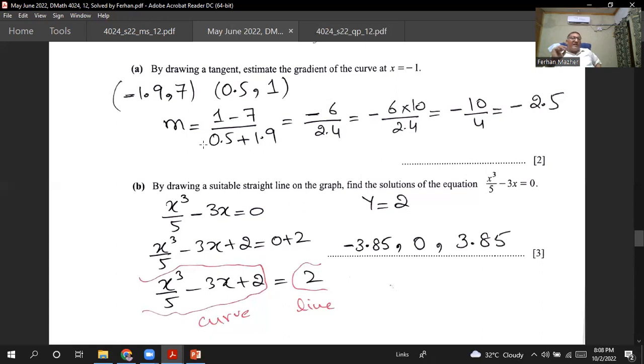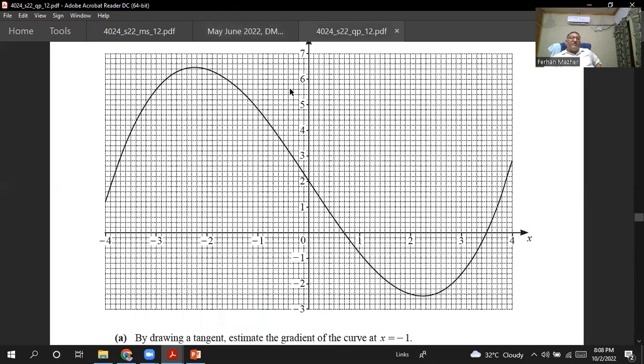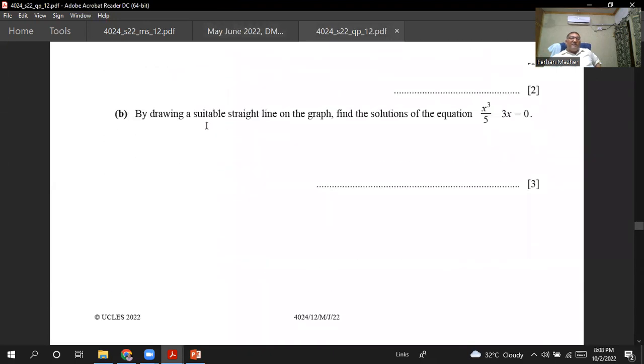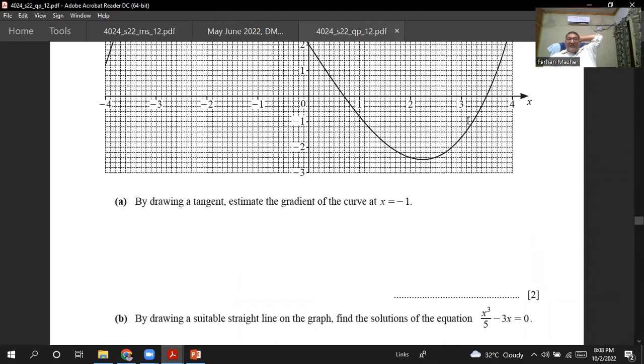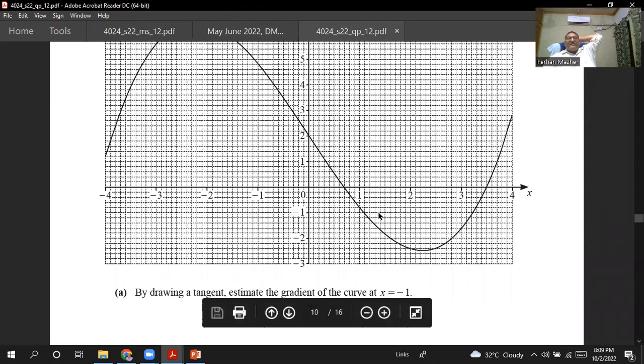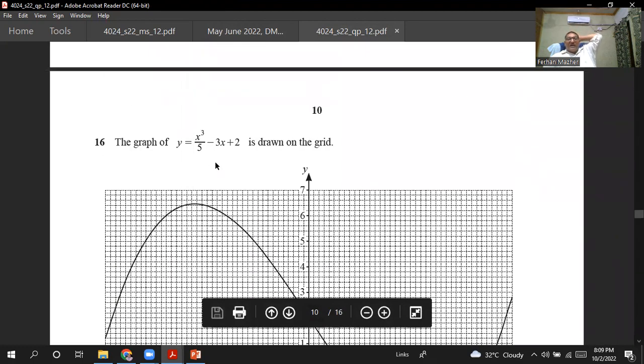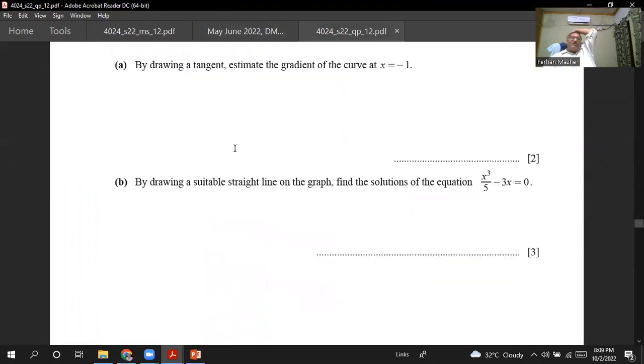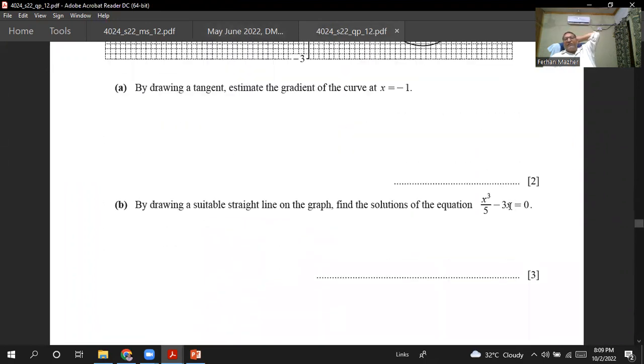Then he says, by drawing a suitable straight line on the graph, find the solution of this equation. You see this equation, and this is x cubed by 5 minus 3x. And the actual graph, its equation is x cubed by 5 minus 3x plus 2. So there is something missing on this left side. Plus 2 is missing.